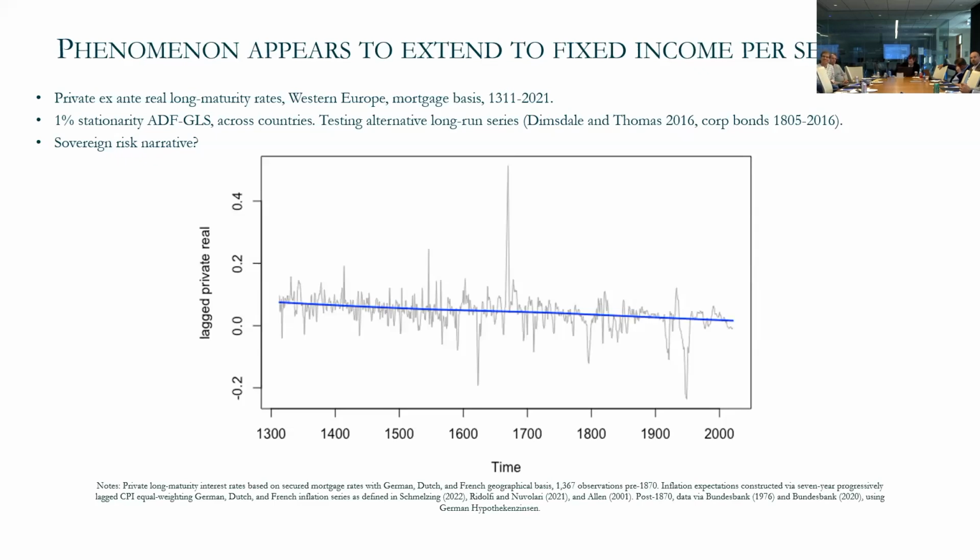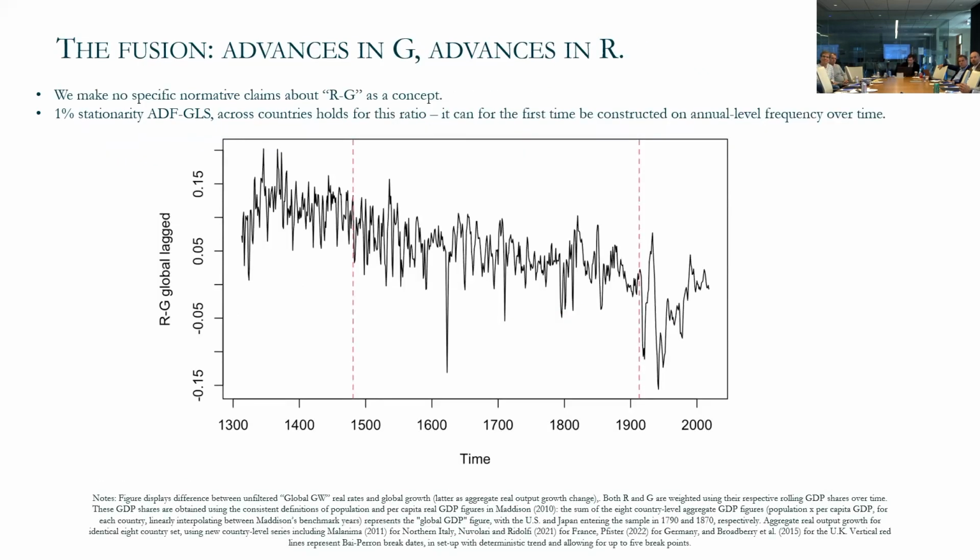Yeah. I have the normal chart in mind, John, but the final one here, obviously we are in a policy working group. So given the policy discussions, if you connect the dots now, what these new series allow you to do is something that Olivier Blanchard has talked a lot about and others. We can obviously piece together for the first time series like R minus G over extended periods of time.